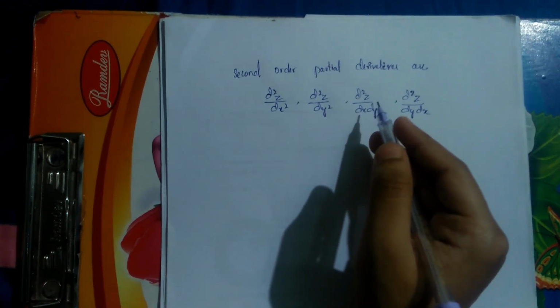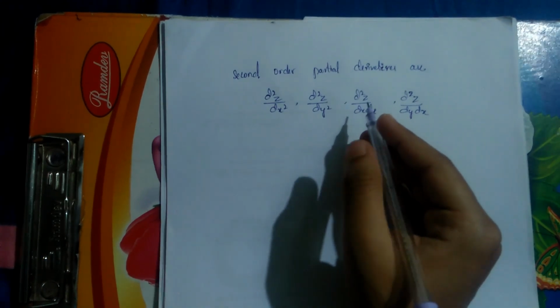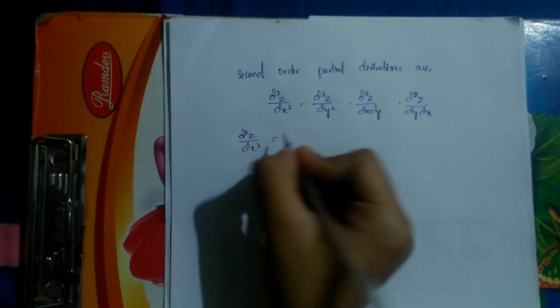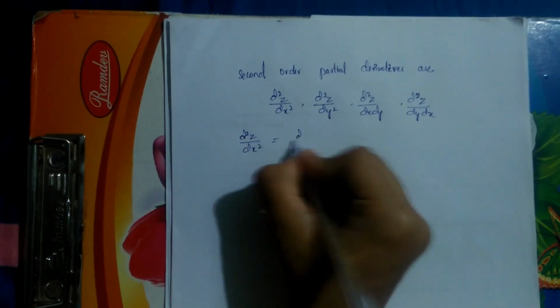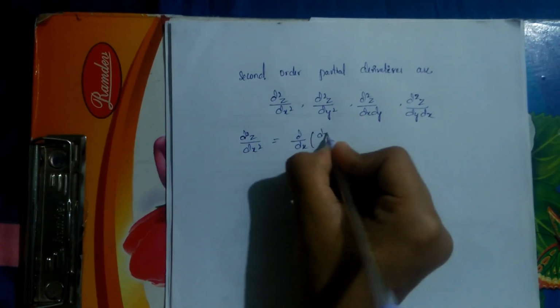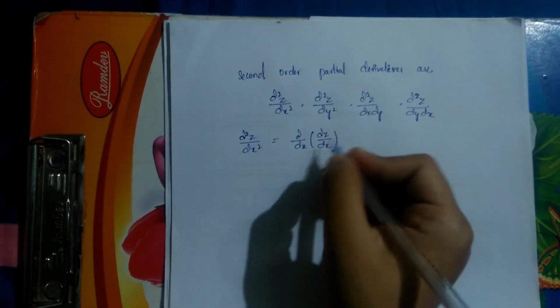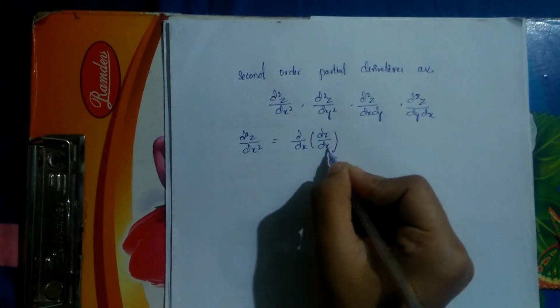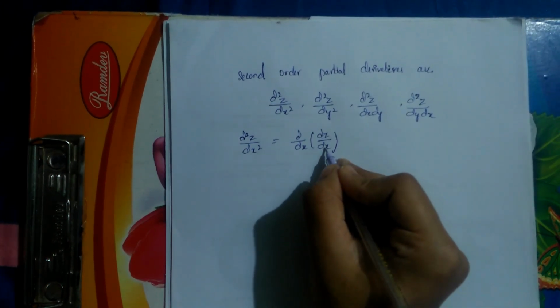Here dou square z by dou x square can also be written as dou by dou x of dou z by dou x. At first the function z is derivated with respect to x, which gives dou z by dou x.